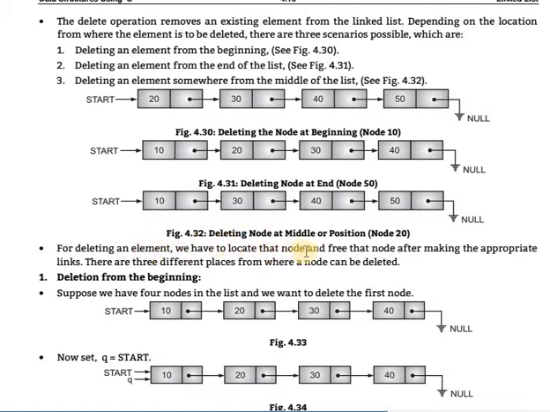We have to locate the node. First of all, locate the node which will be deleted. After that, free that node after making the appropriate links. First of all, locate the node which you want to delete.